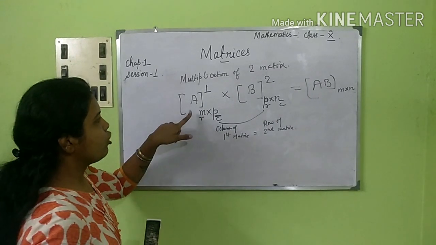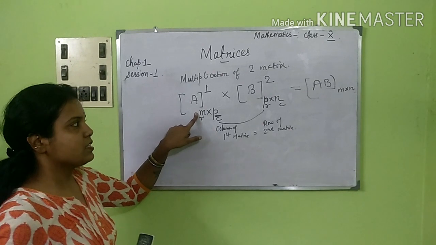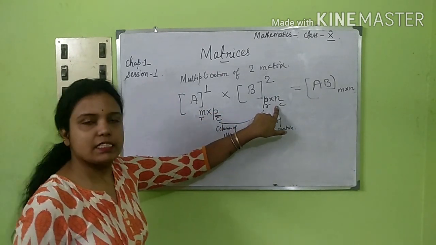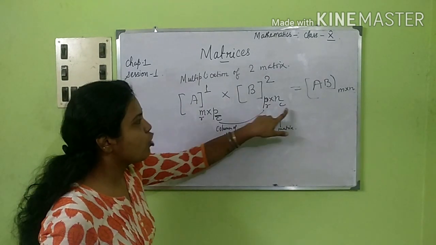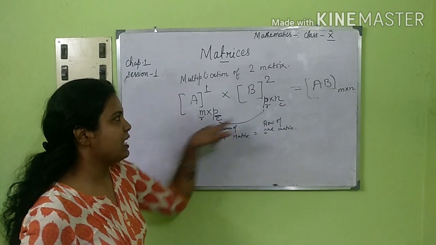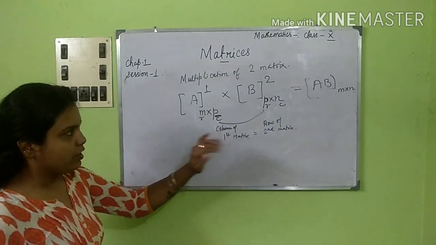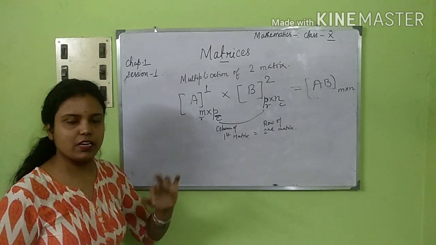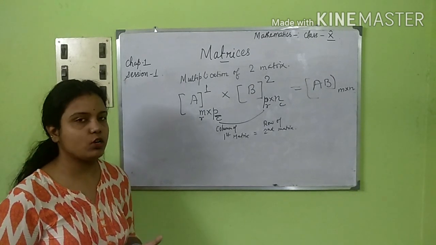That is the row of the first matrix into, or cross, the column of the second matrix. Row of the first matrix, column of the second matrix: M cross n. You can write it down if you want, because it is actually the formula. We will come to the sums. You can easily understand how we get it, or how we solve it.